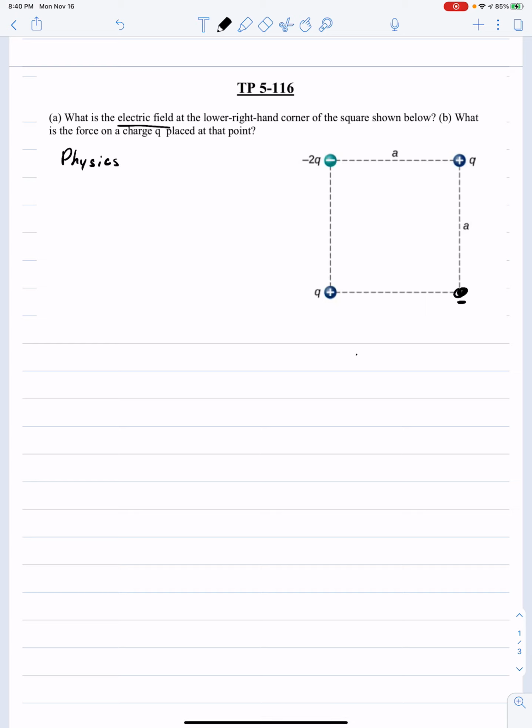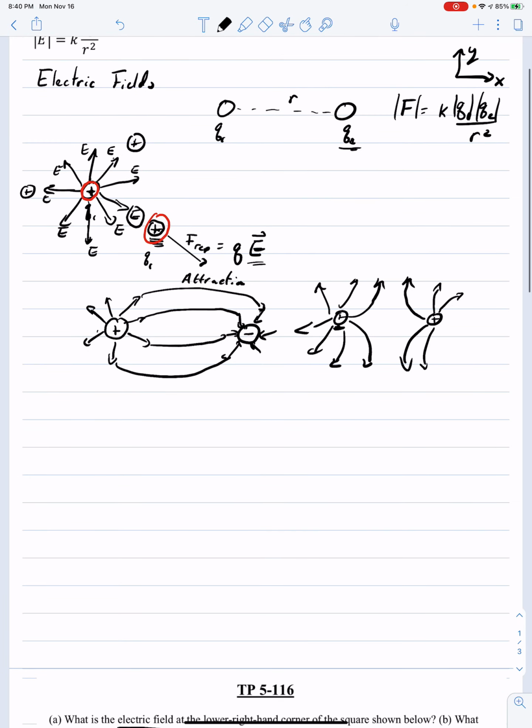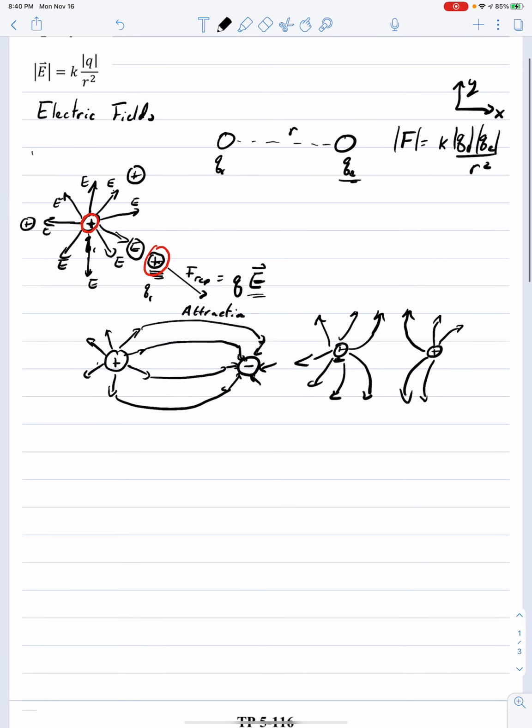So you write down electric field is equal to Coulomb's constant times the charge of that particle over r squared. Again, in this example that I had here, the charge of the particle is the charge of Q1.